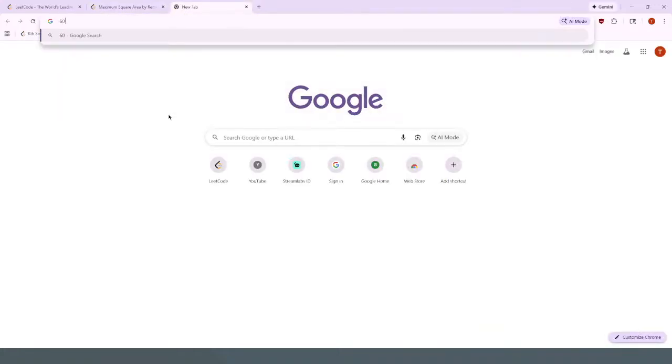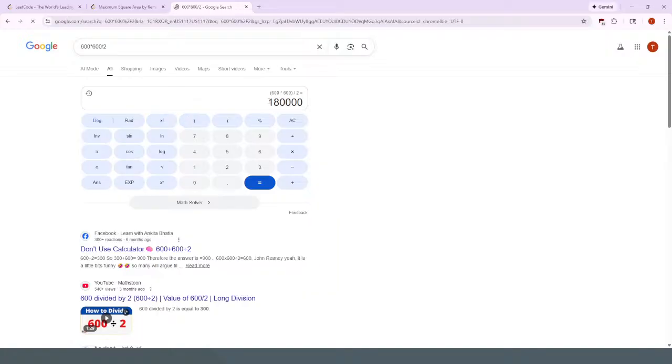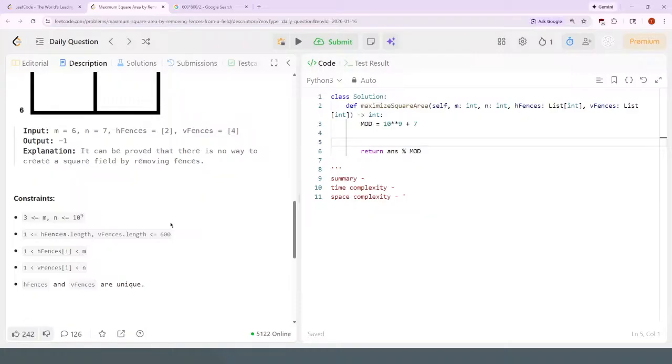36,000-ish. So maybe 18,000 if I divide by 2. Oh boy, 180,000. Off by an order of magnitude. And then you'd have to maybe sort them and see the first one that matches between the vertical and horizontal. That's a lot.